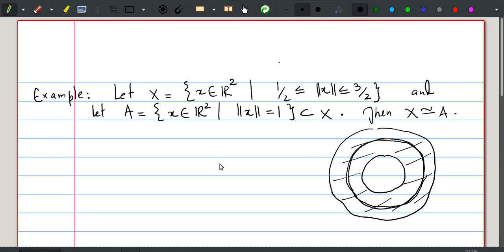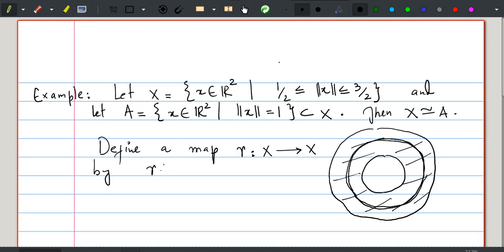So in order to prove that, we first define a retraction of X onto A. Define a map R from X to X by R of x is equal to x over the norm of x.